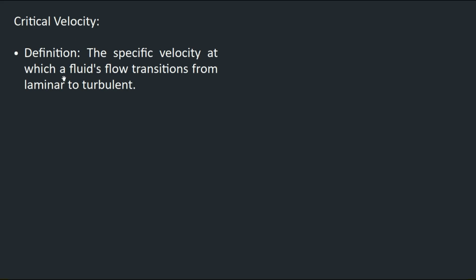It is the specific velocity at which a fluid's flow transitions from laminar to turbulent. We have a derivation for this. So critical velocity is that point of velocity wherein a given fluid with a given set of conditions becomes turbulent.